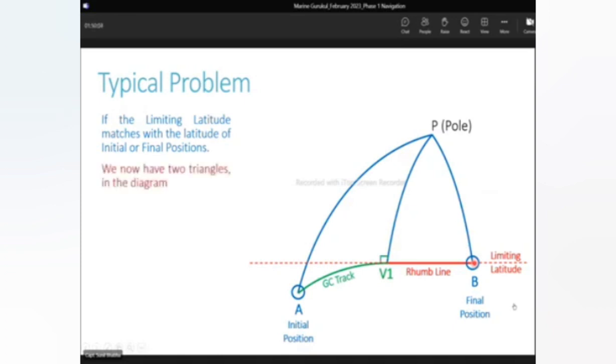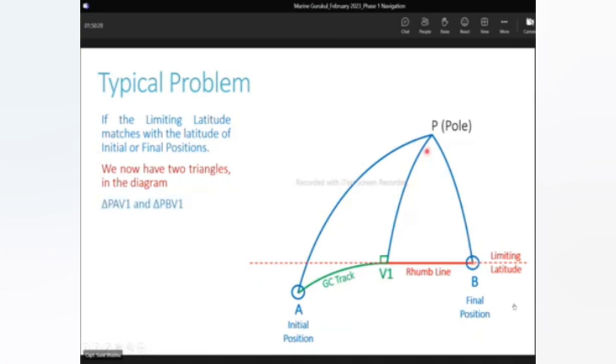Now in this diagram, we have two triangles being formed. In a basic composite sailing problem, we saw there were three triangles being formed, but in this case there are only two triangles, and out of these two, one of the triangles is a spherical triangle.